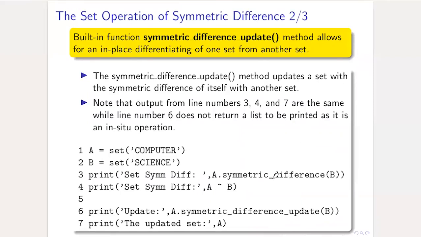Symmetric difference has both a built-in function called symmetric difference as well as an operator, which is this hat, this particular symbol which is available. Normally in the keyboard it is above the 6, the numeral 6, which we call the hat symbol.